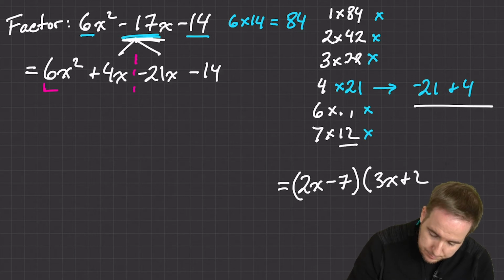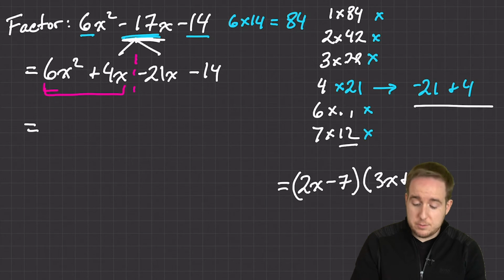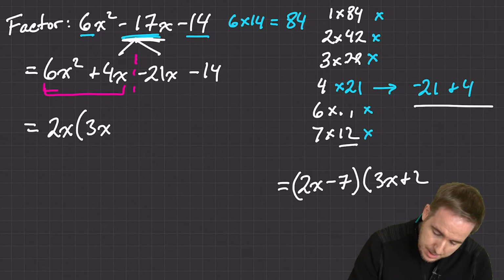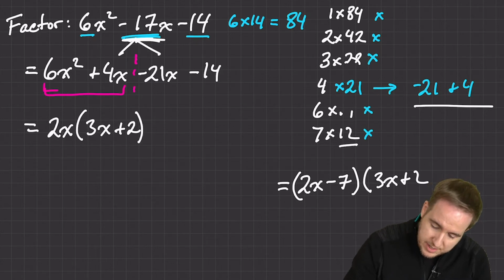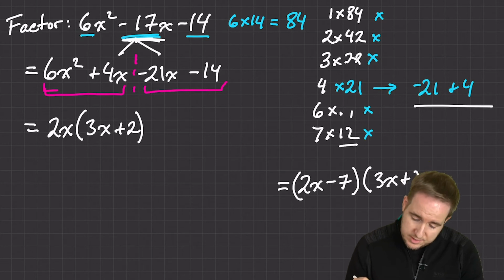Imagine a line down the middle. Look at the first half. Both of these divisible this time by 2 and x. And this is 3x plus 2. And look at the second half. Both of these are divisible by 7.